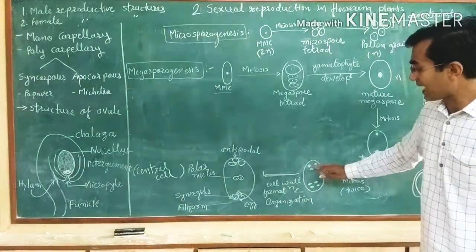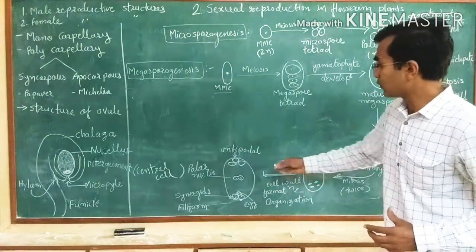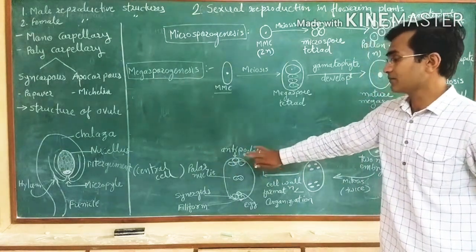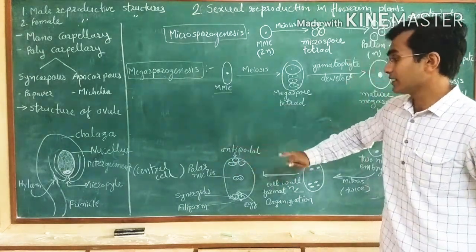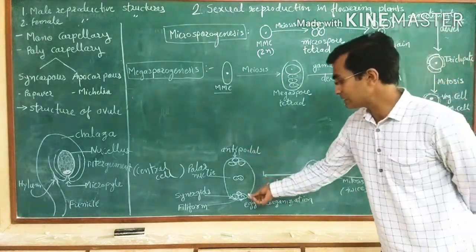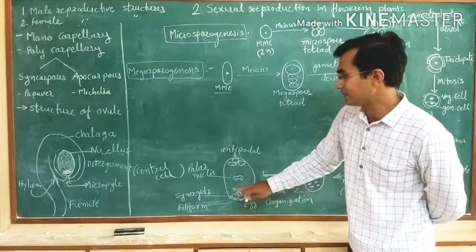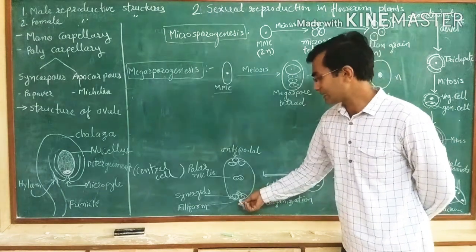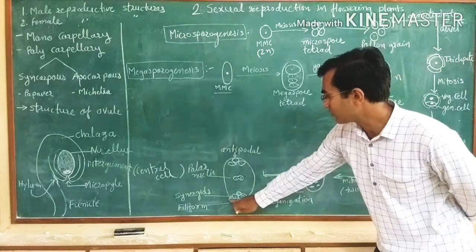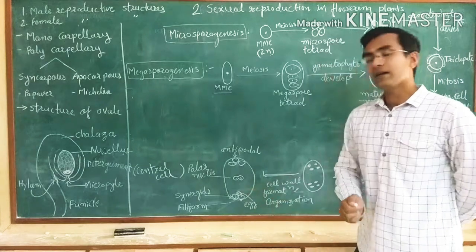During the arrangement, out of these cells, 3 cells will migrate and settle at the chalazal side. Those are called the antipodal cells. Whereas 3 cells will migrate and settle at the micropylar end. Out of these 3 cells, 2 cells will form the synergids and 1 is the egg cell.